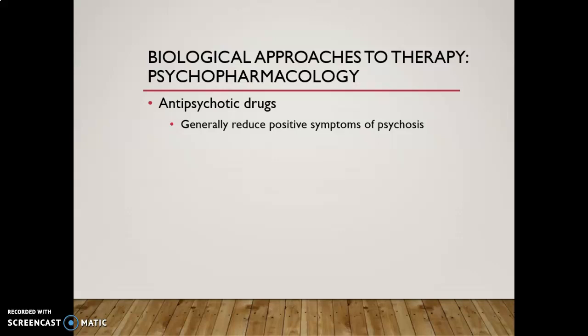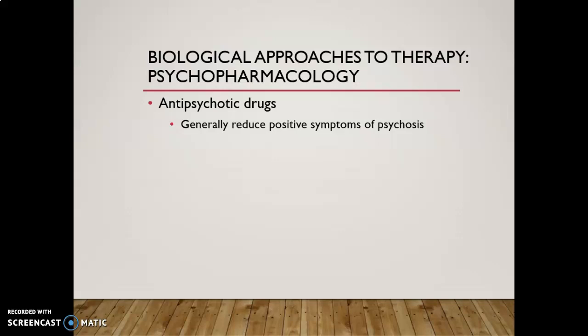If you go back to the schizophrenia lectures that I recorded, I talked about how it may be that positive and negative symptoms are caused by different things. Positive symptoms seem to be similar to too much dopamine, and negative symptoms seem to be similar to a brain injury. And so it would make sense that drugs would fix too much dopamine a lot easier than they would fix a brain injury. So generally they're useful for positive symptoms.